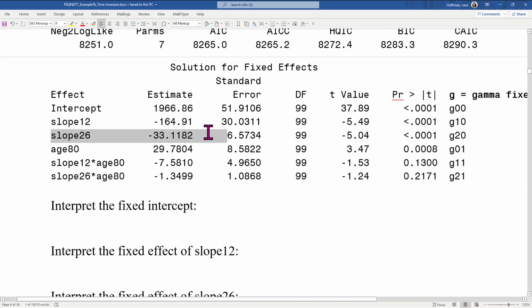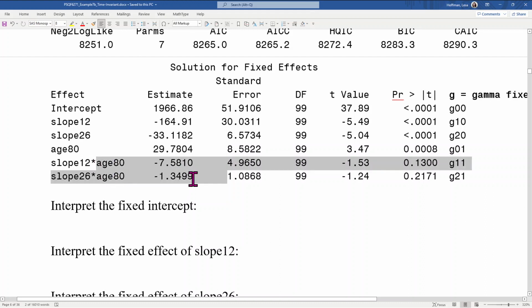Likewise, 80-year-olds are predicted to continue improving at a rate of 33 milliseconds a session. That rate of improvement becomes stronger, more negative per year of age by 1.3 milliseconds. So older people put together start out significantly slower, but they change non-significantly more than relatively younger people.